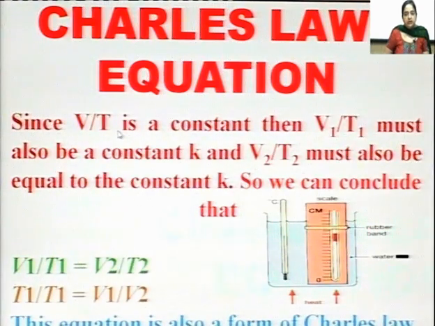Since V over T is a constant, V1 over T1 and V2 over T2 must also be equal to constant K. So we can conclude that V1 over T1 is equal to V2 over T2. This equation is also a form of Charles' law.